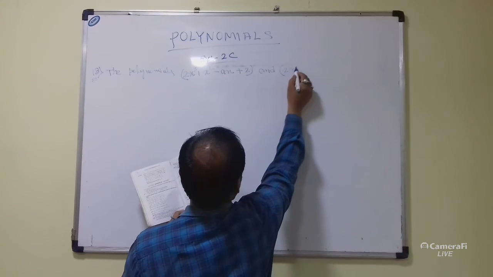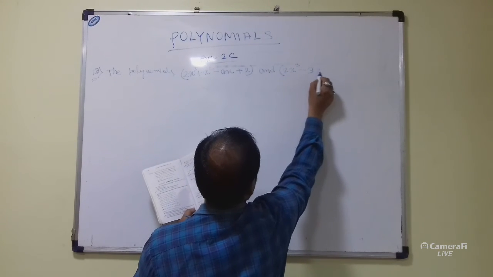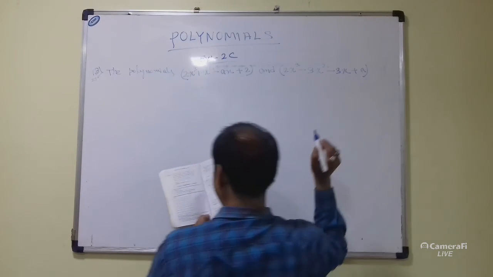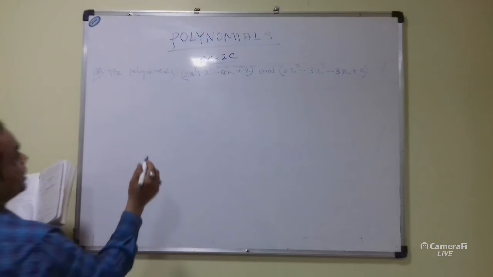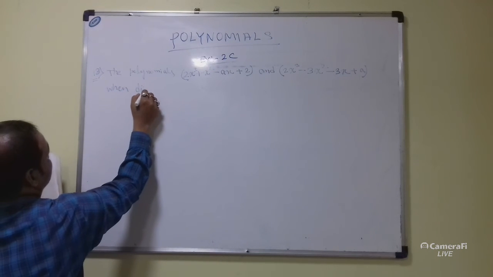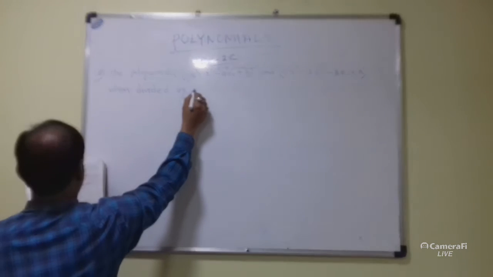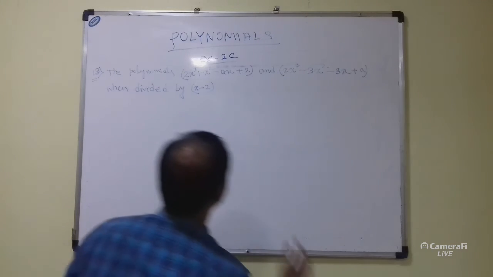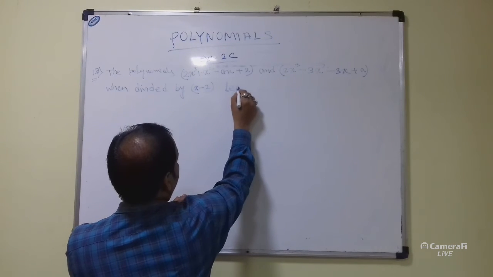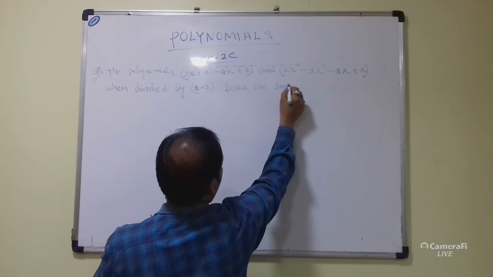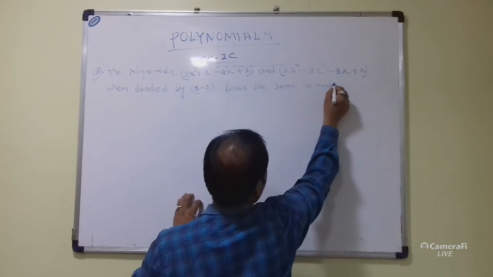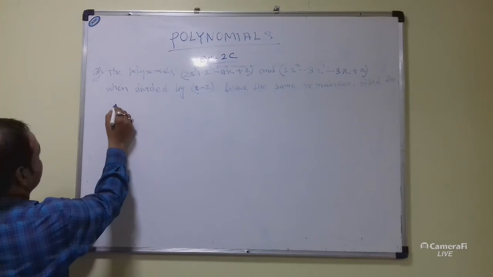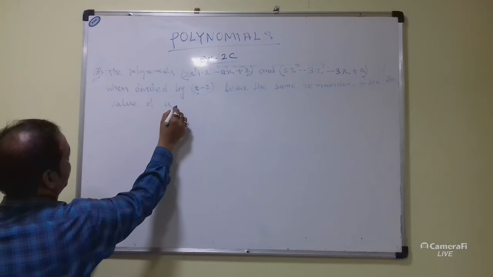2x cube minus 3x square minus 3x plus a, when divided by x minus 2, leave the same remainder. Find the value of a.